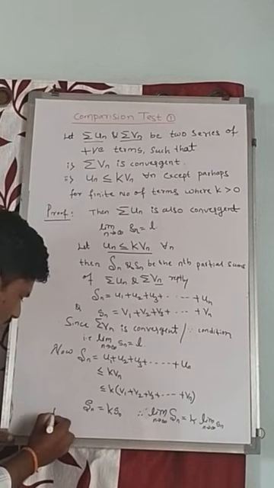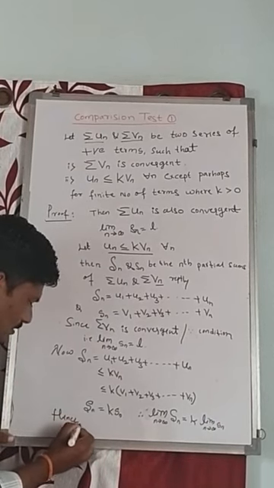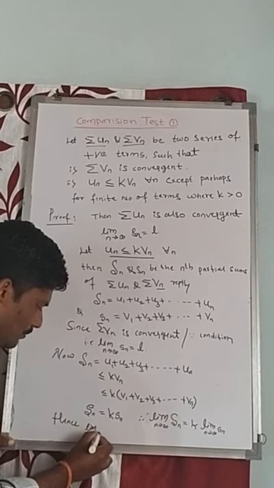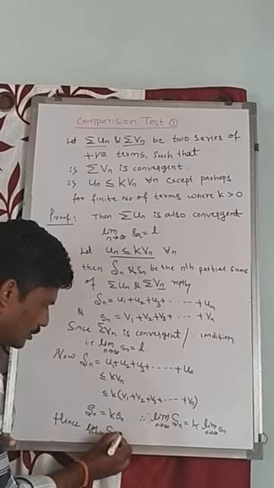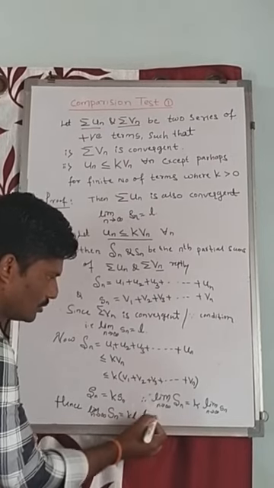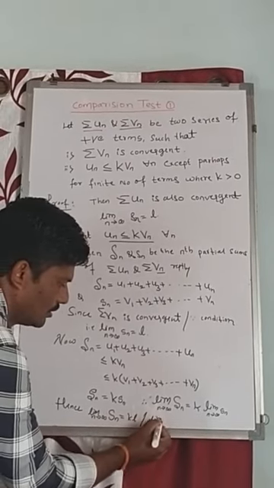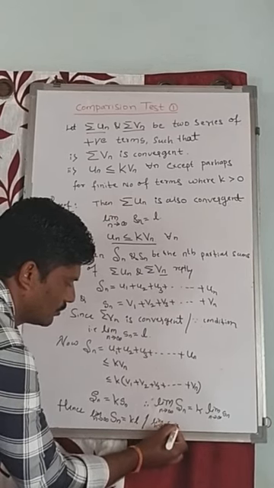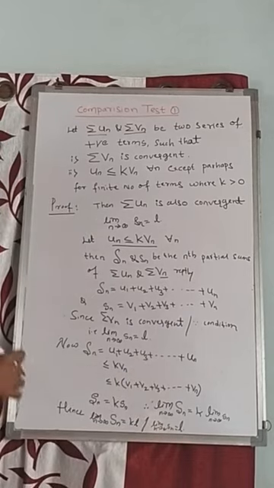Hence limit n tends to infinity capital Sn is less than or equal to k into L, because limit n tends to infinity small sn is equal to L.